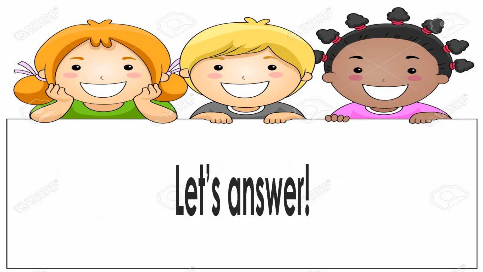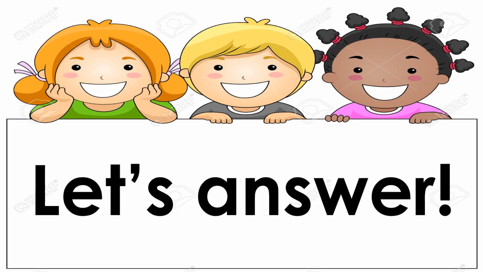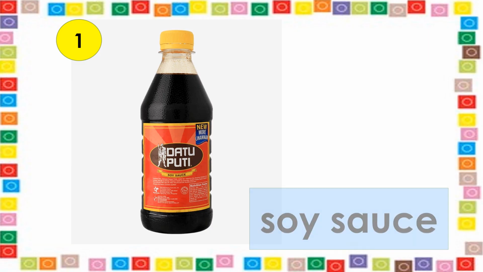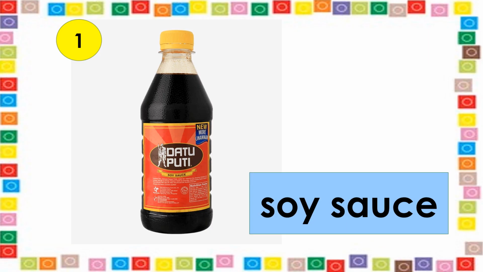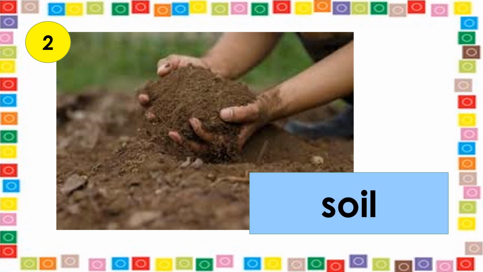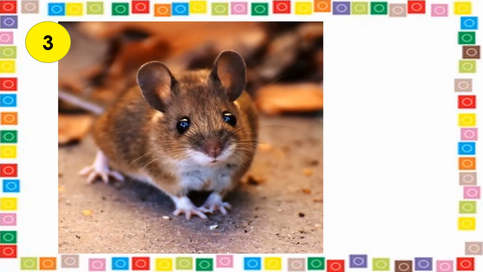Now, let's answer. What is in the first picture? Very good, it's a soy sauce. How about the second picture? Great job, it's a soil. How about the third picture?